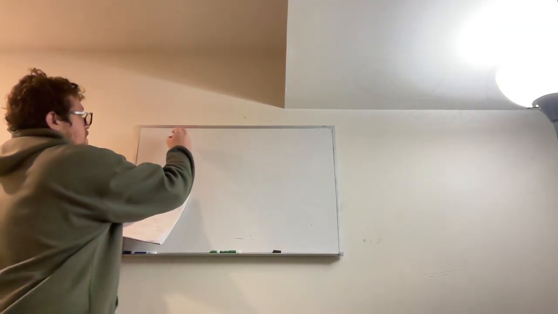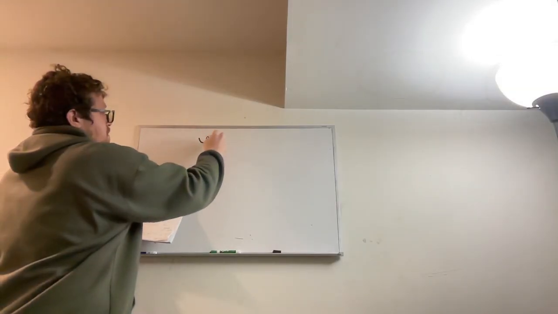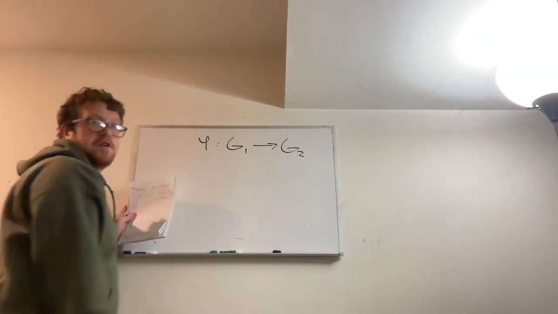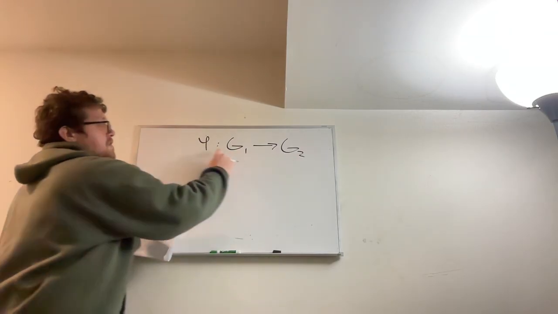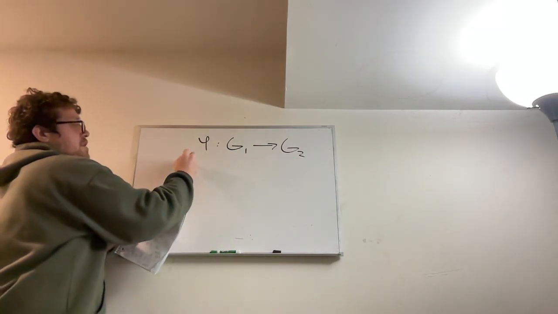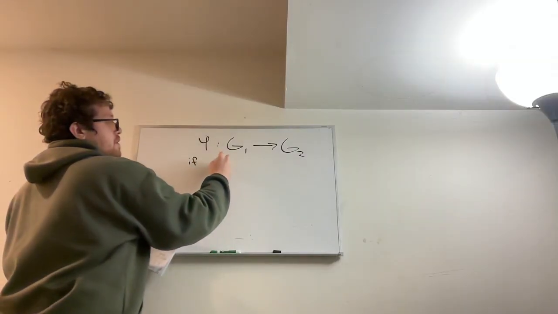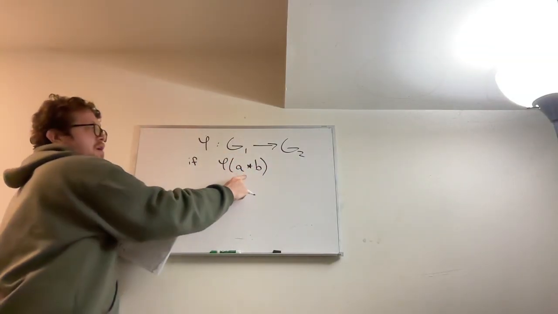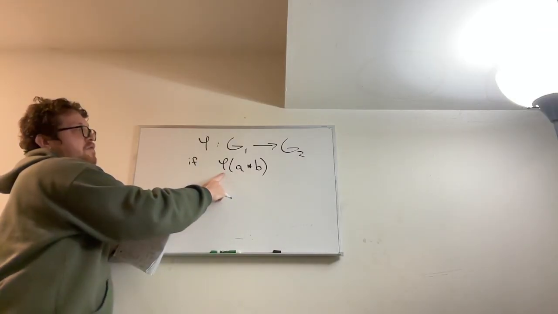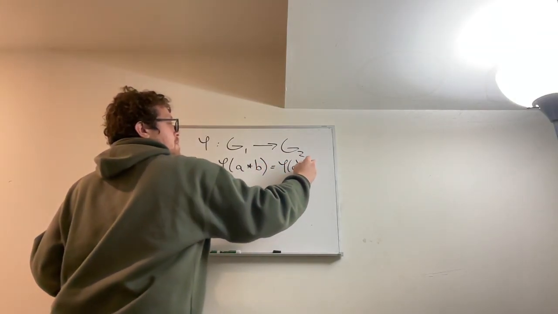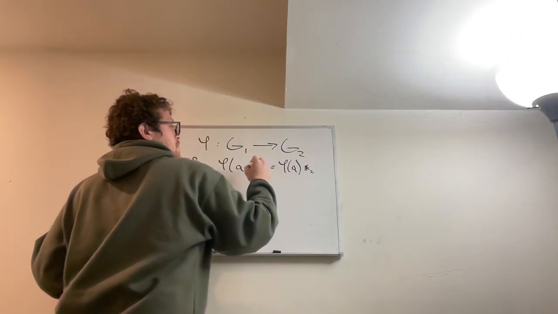So, right, if we have two groups, G1 and G2, and we have a set function between the sets, so we have some map phi from G1 to G2, it's a group homomorphism if the multiplication of any elements in G1, I map it through phi, it should be the same thing as if I map the individual elements through first and then do the multiplication in G2.